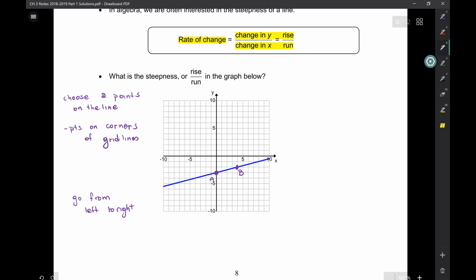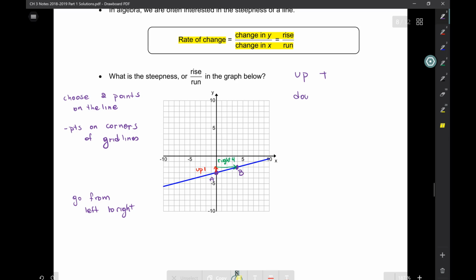So let's think about how much you go up, right? You go up 1. How much are we going to go over? 1, 2, 3, 4. Right, 4. So now, every time you go up, that's a positive.